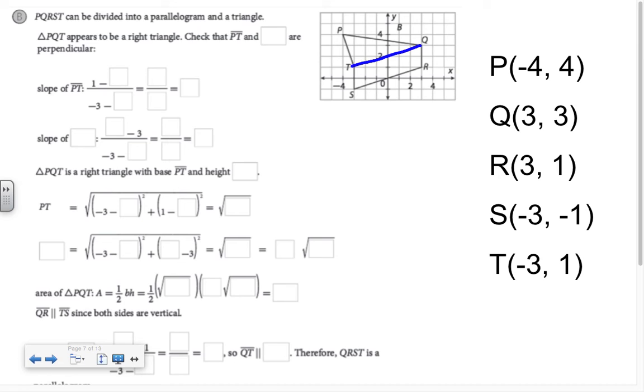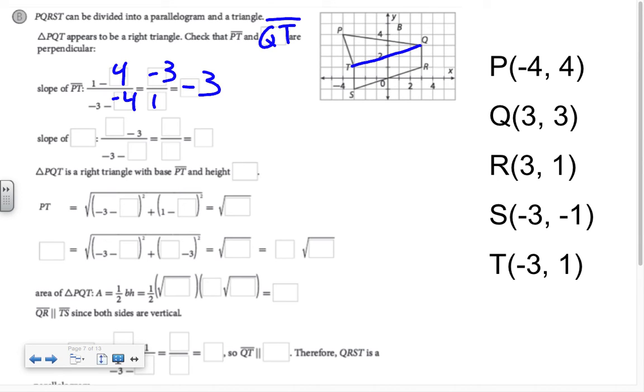Now it says triangle PQT appears to be a right triangle, so let's check that PT and QT are perpendicular. So the slope of PT is 1 minus 4 over -3 minus negative 4. That becomes negative 3 over 1, which is just negative 3.